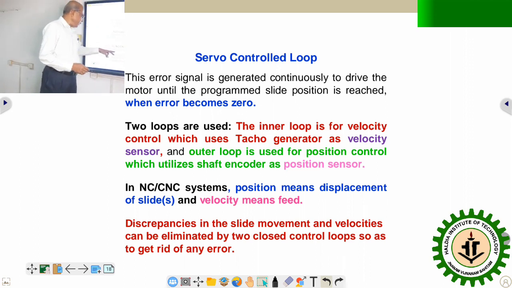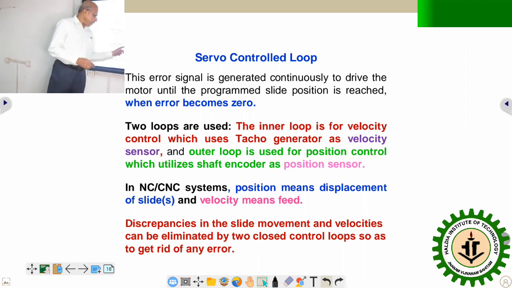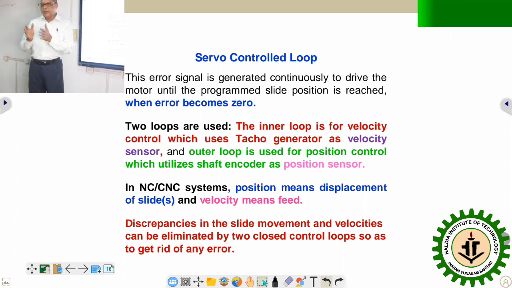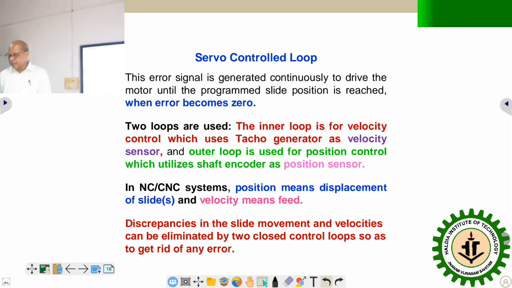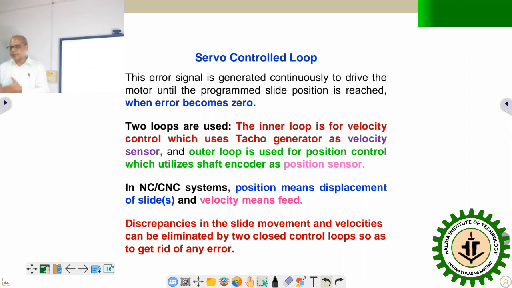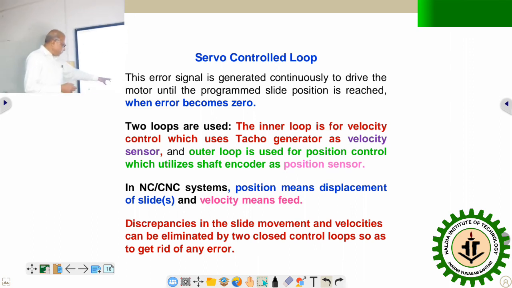So in NC CNC system, position means displacement and velocity means speed. These two terms or relationship is very important from our metal cutting point of view. Although generically we call it velocity, in our manufacturing or metal cutting fraternity, it is speed, and position means displacement.